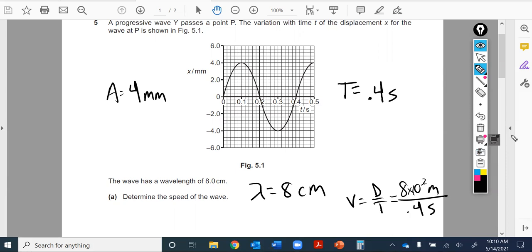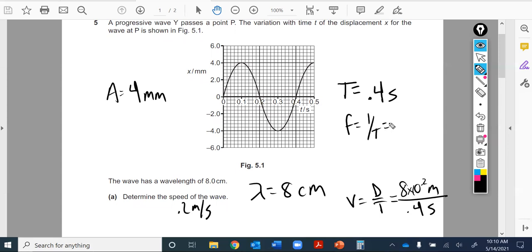We got 8 times 10 to the -2 or 0.08 divided by 0.4, 0.2 meters per second.